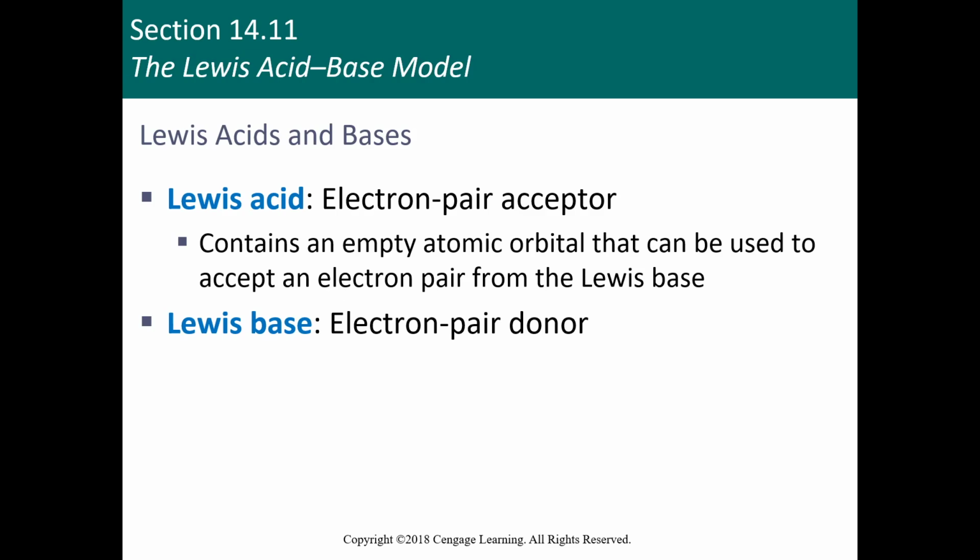Lewis acids and bases. This is the one that, if you remember anything from this course, you should remember: the three-dimensional structures of molecules and Lewis acids and bases. Because most of you are probably going on to organic chemistry of some sort.